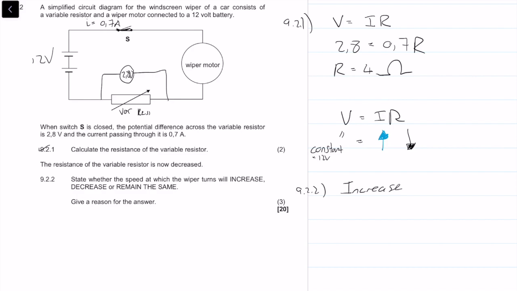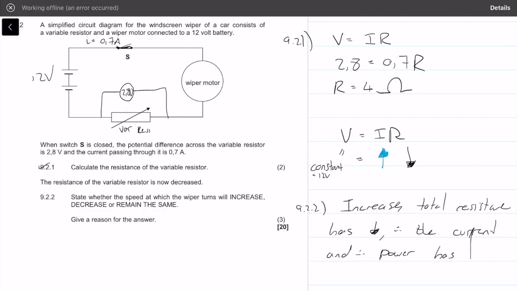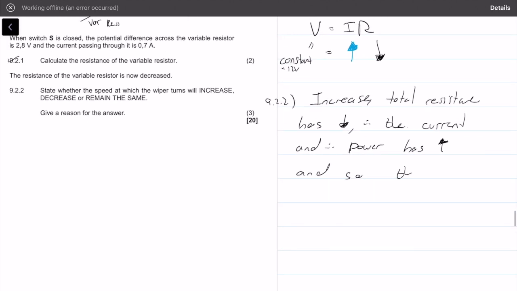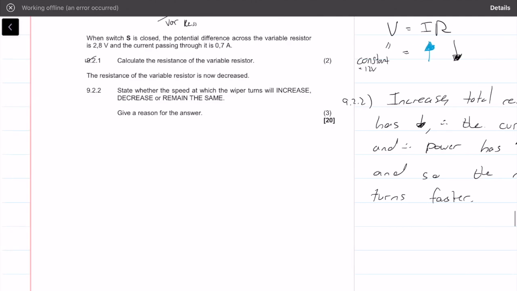The reason for this is that the total resistance has decreased, therefore the current and the power has increased, and so the motor turns faster. Okay, and that's the end of that question, and we get 3 marks.